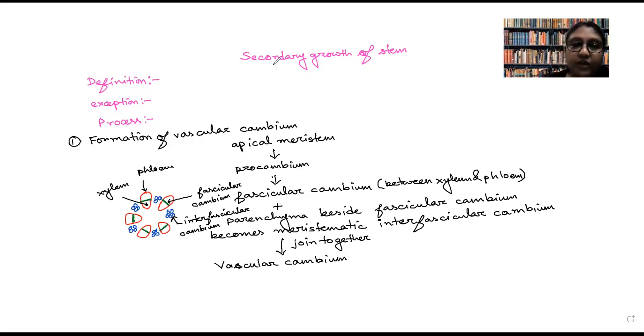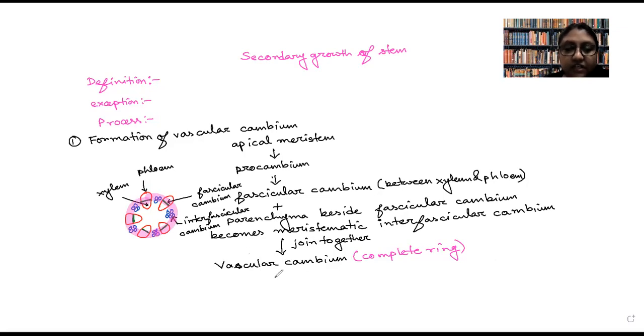If you look here, you will notice one very interesting thing, that it will be acting as a complete ring, isn't it? So this ring is made up of fascicular cambium and interfascicular cambium.